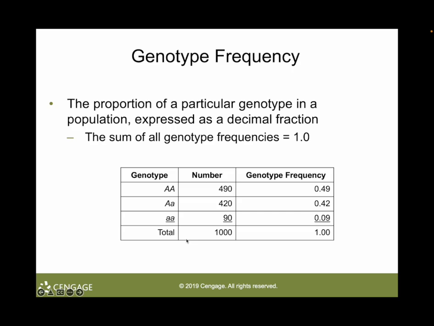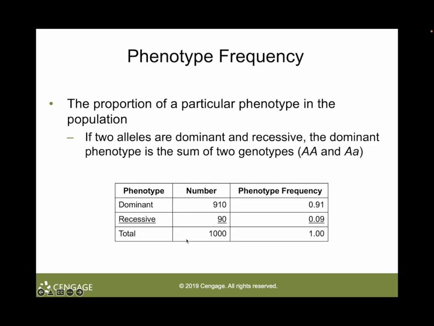I gave you percentages, so I should say the genotype frequencies are 0.25 for homozygous dominant, 0.25 for homozygous recessive, and 0.5 for heterozygous. Next up is phenotype frequency. This is the proportion of a particular phenotype in the population, if each genotype corresponds to a particular phenotype.